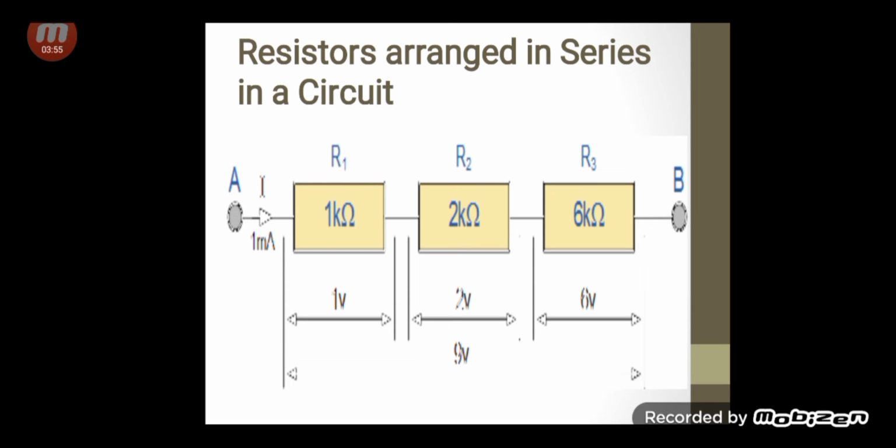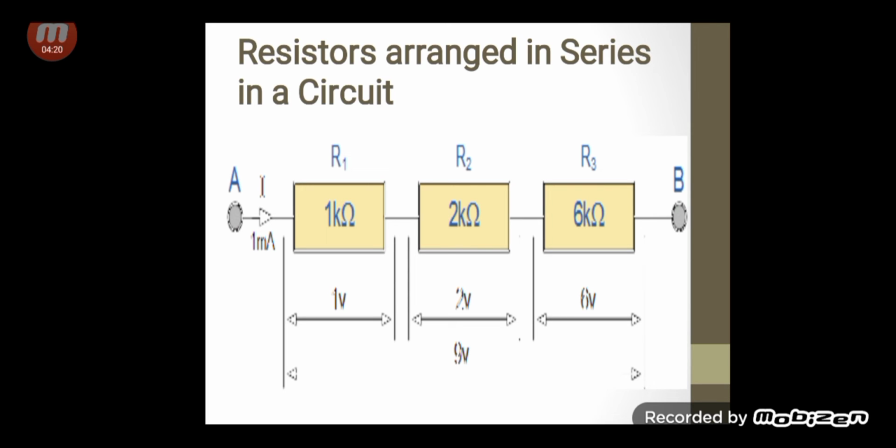Now we will discuss some important things about the arrangement of resistors in series and parallel circuits. Remember one thing, when the resistors are arranged in series, resistance is maximum. In series there is only one path, and all the hurdles are arranged in that one path.